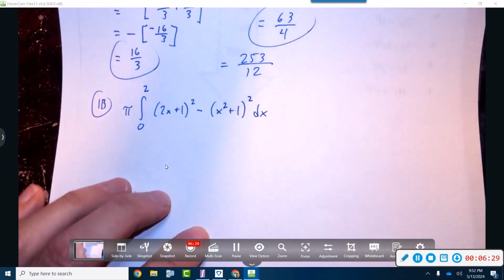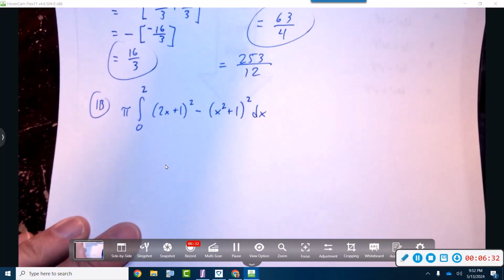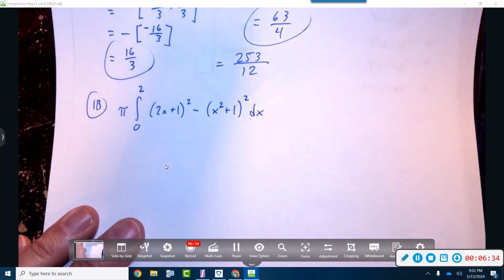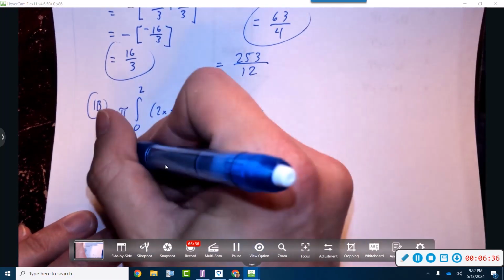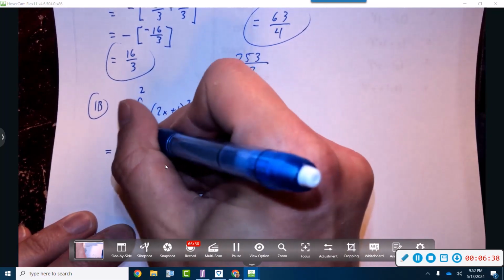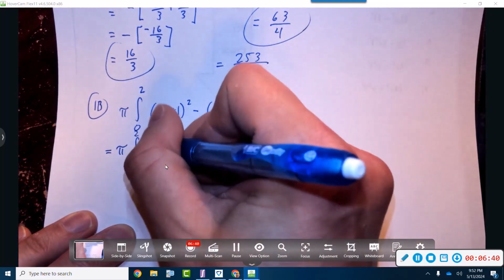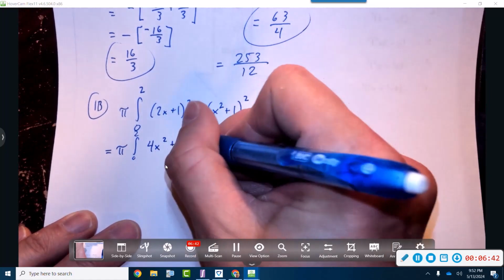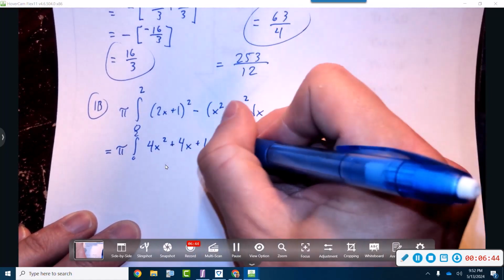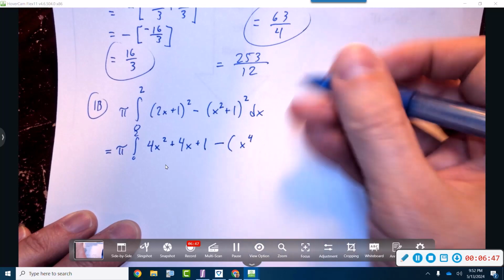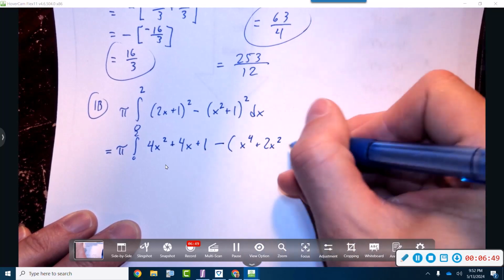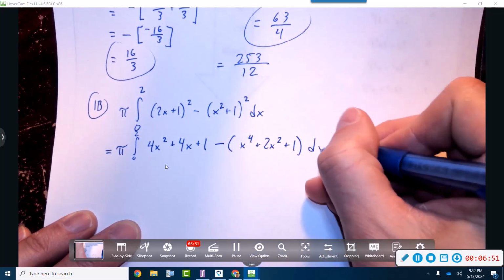Okay, so that right there is the washer. This is called the washer method. So this is just about being careful here. Pi 0 to 2, and then we're going to square this guy, so you get 4x squared plus 4x plus 1 minus x to the 4th plus 2x squared plus 1 dx.